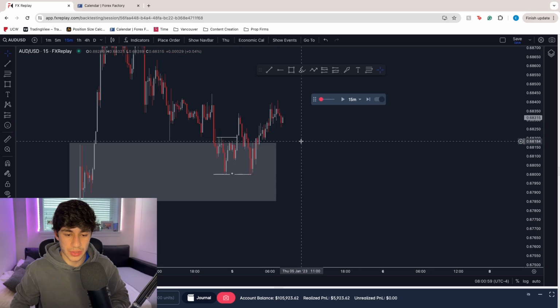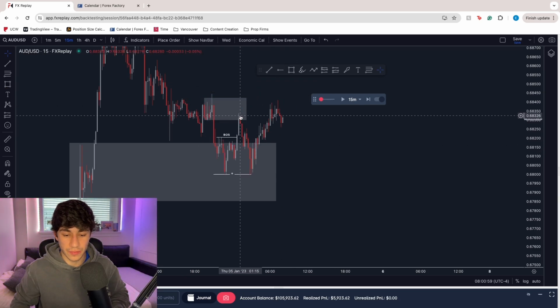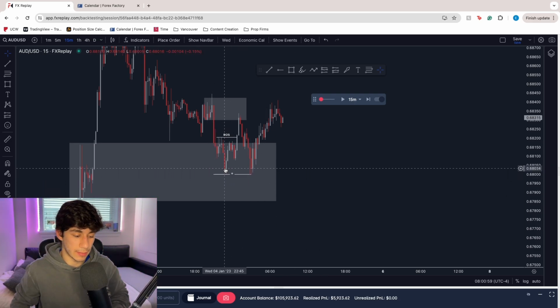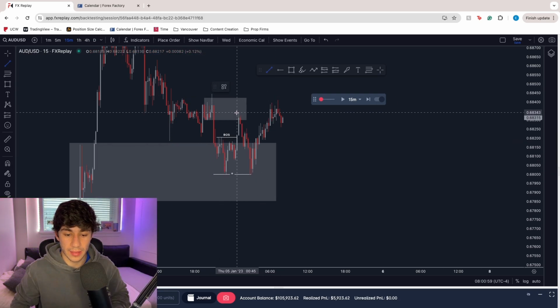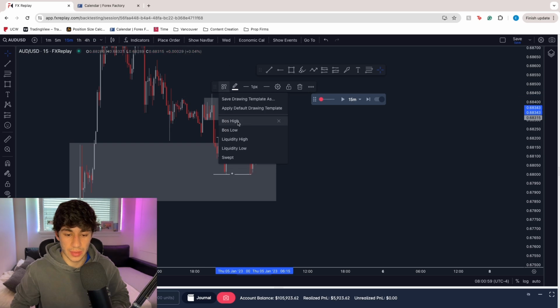This was the break of structure. Price kind of rejected from this zone, but instead of doing a lower low, it rejected from this low here, taking liquidity, and then we had a nicer break of structure in this area.